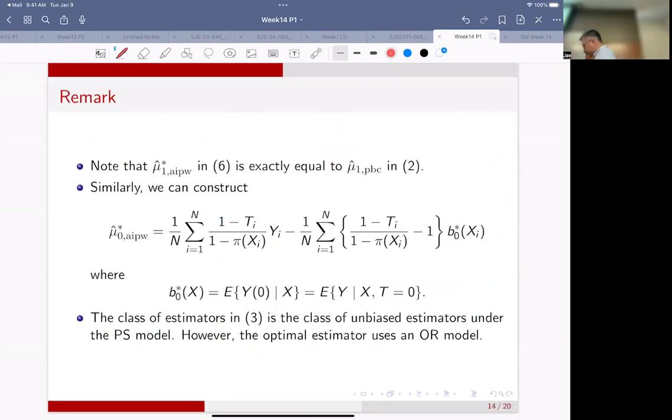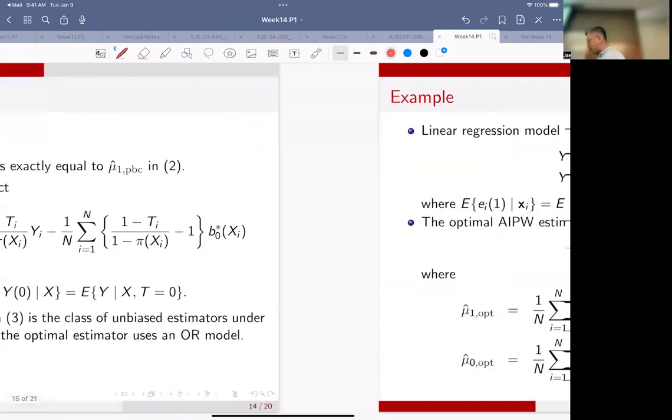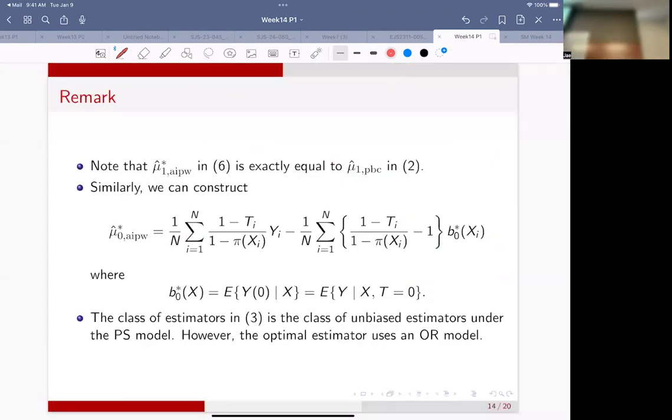So now, to reflect, we have two interpretations of the doubly robust estimator, right? The first interpretation is that we start with the prediction estimator and then develop the bias-corrected prediction estimator. That's the first motivation. The second motivation is in the totally opposite direction.